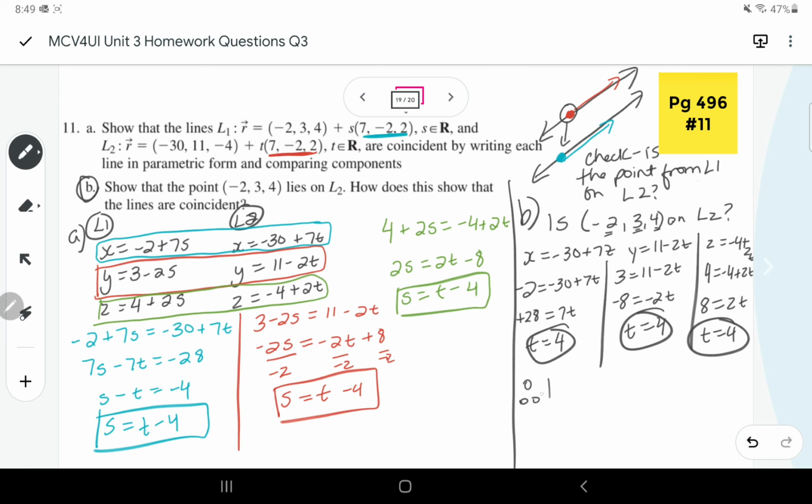So therefore, the lines are coincident because they are parallel and the point from line 1 is also on line 2.